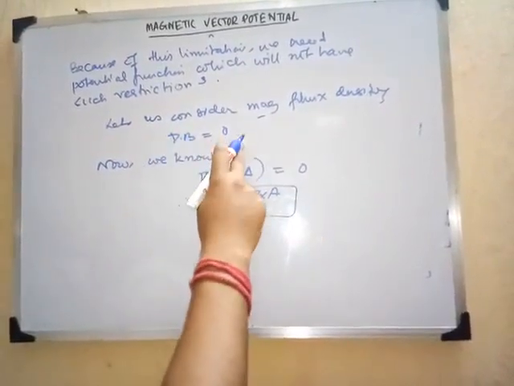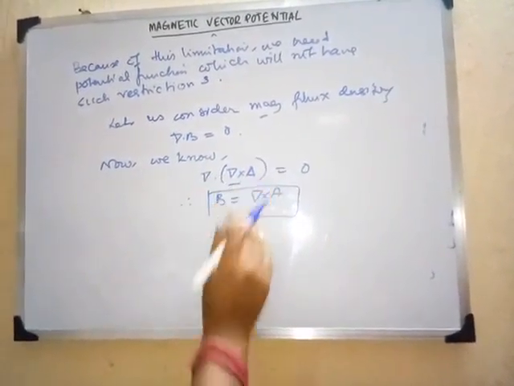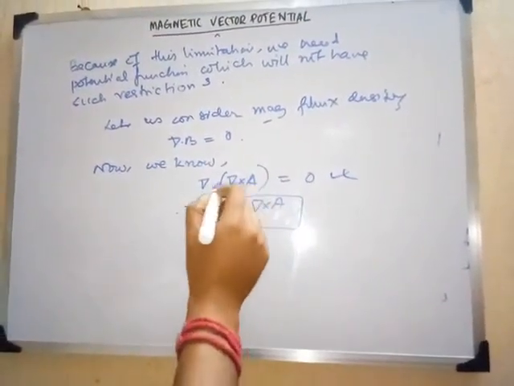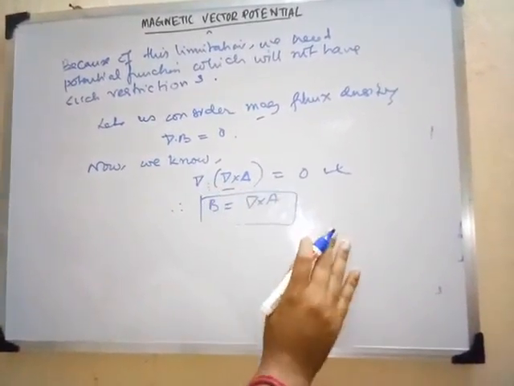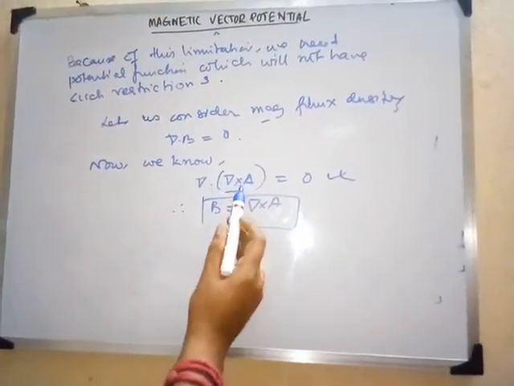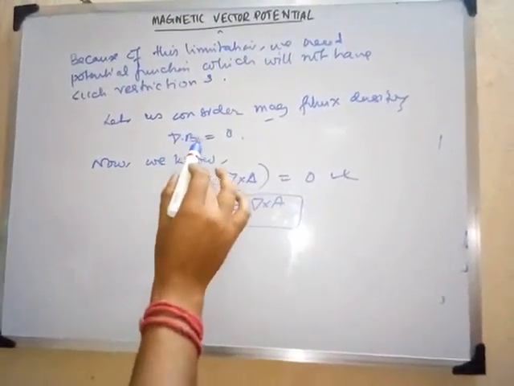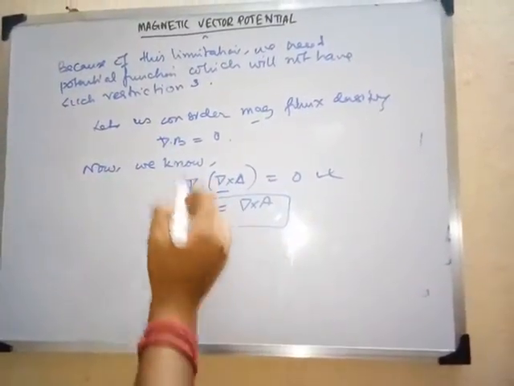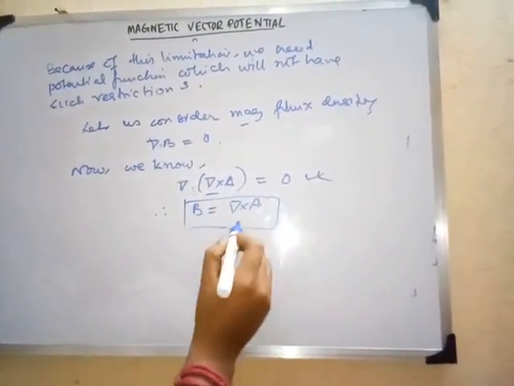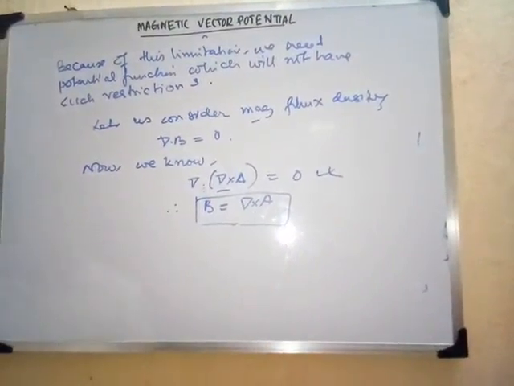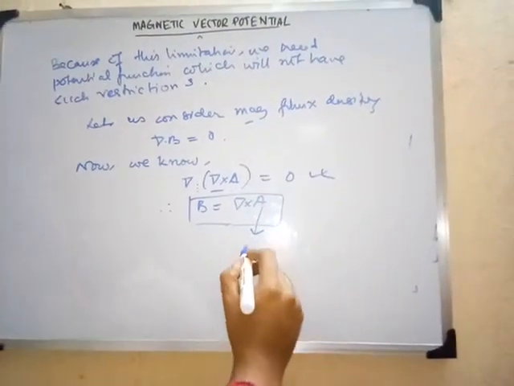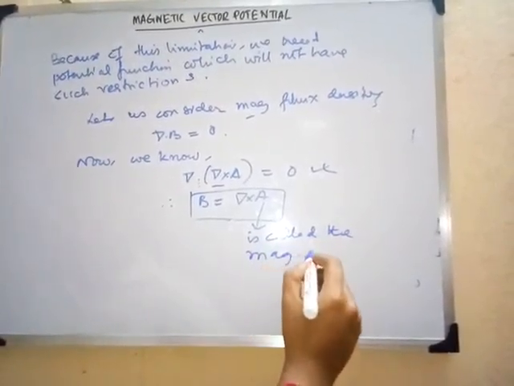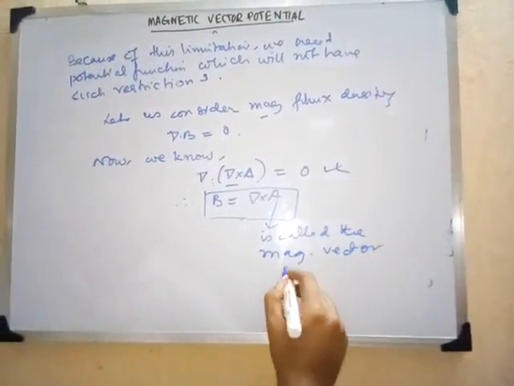See, del dot B equals to 0, so for B we have put del cross A. Previously we have done this expression: the divergence of the curl of a vector is equal to 0. Here del dot B is equals to 0 and the divergence of the curl of a vector is also equal to 0. So we can equate the right hand side and the left hand side also. So we can conclude that B is equals to del cross A. This is actually the solution, and here this A is called the magnetic vector potential, right?